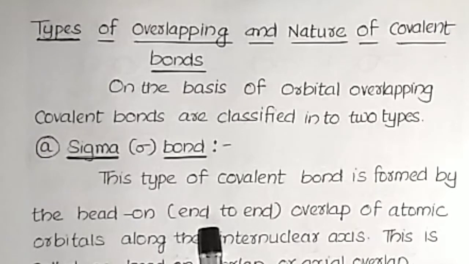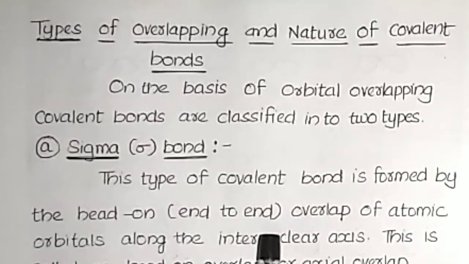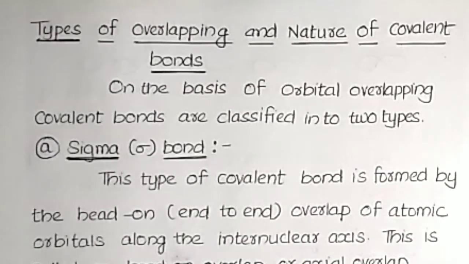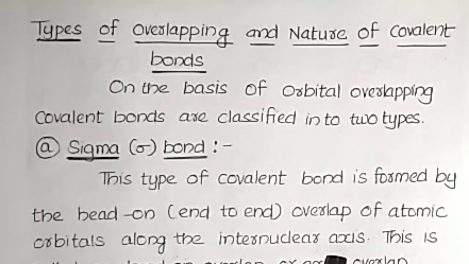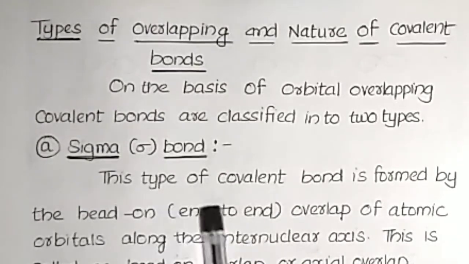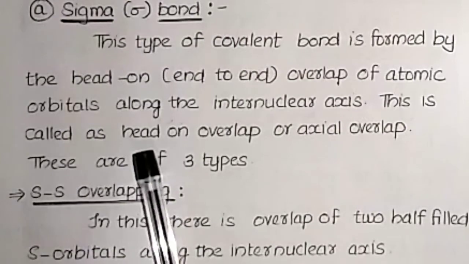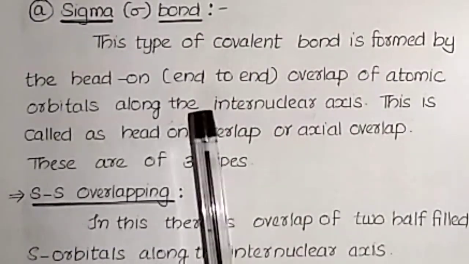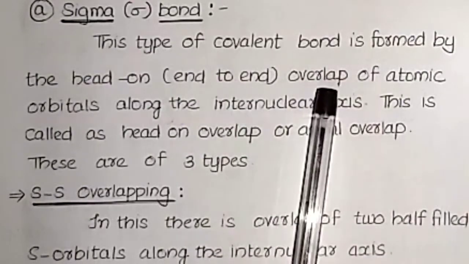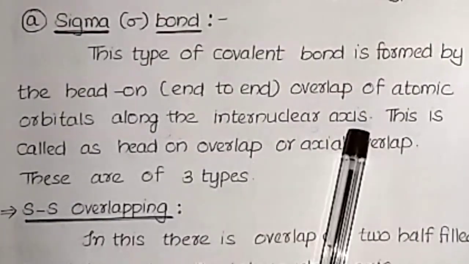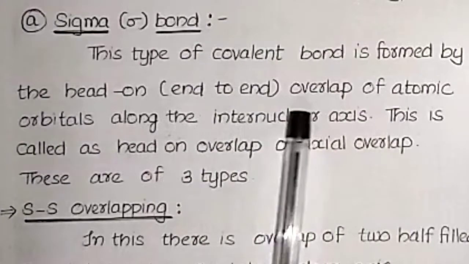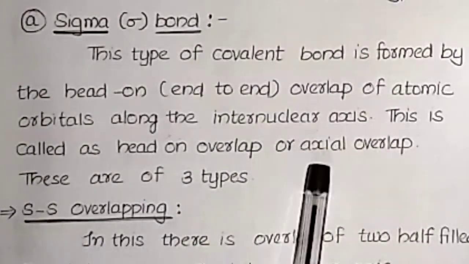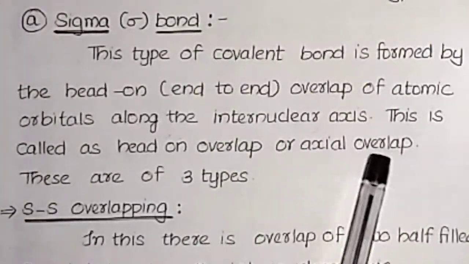Head-on or end-to-end overlapping of the atomic orbitals along the internuclear axis gives a sigma bond. This is also known as axial overlap.